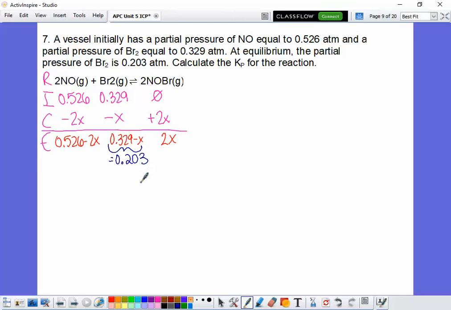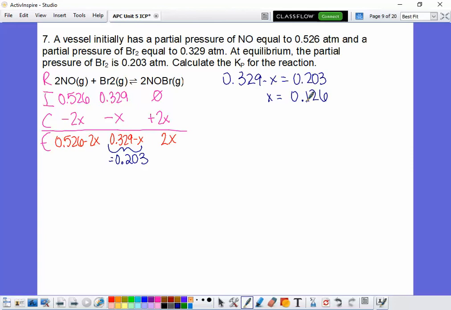So that means 0.329 minus x equals 0.203. So we can do algebra to find x. So you should get 0.126 as your x. And now we can find the other two partial pressures and find Kp.